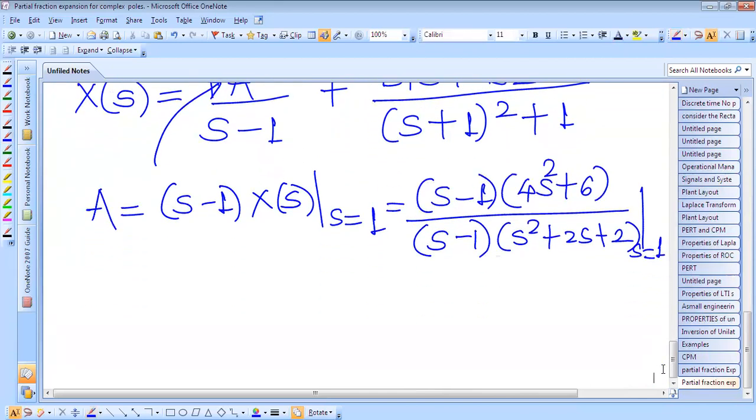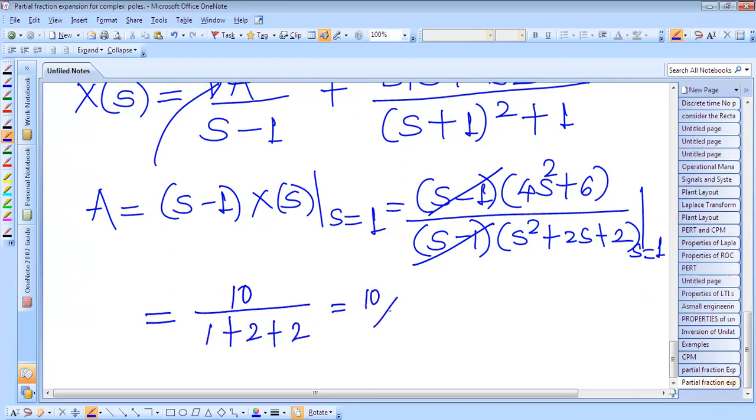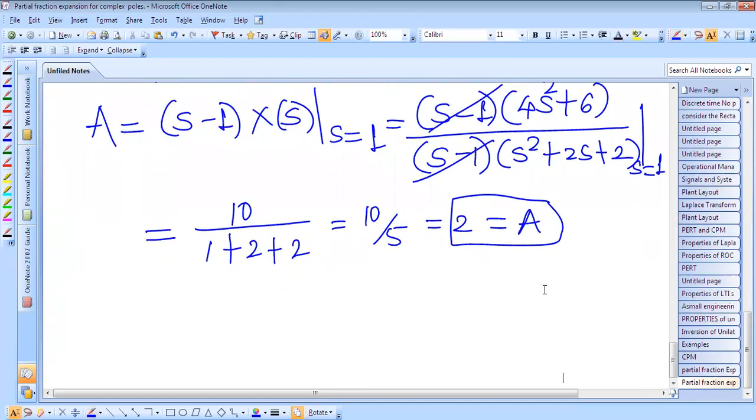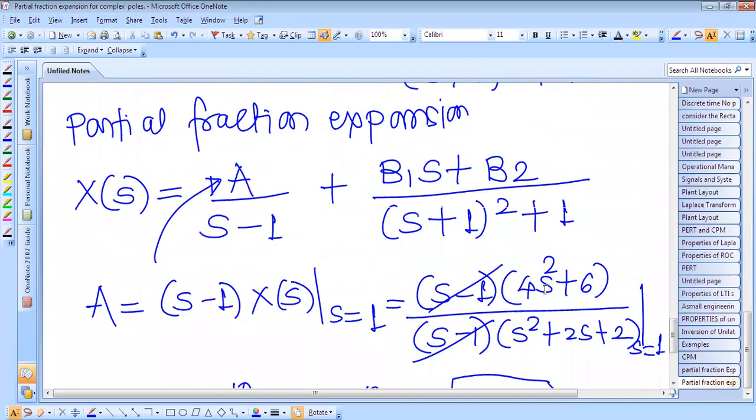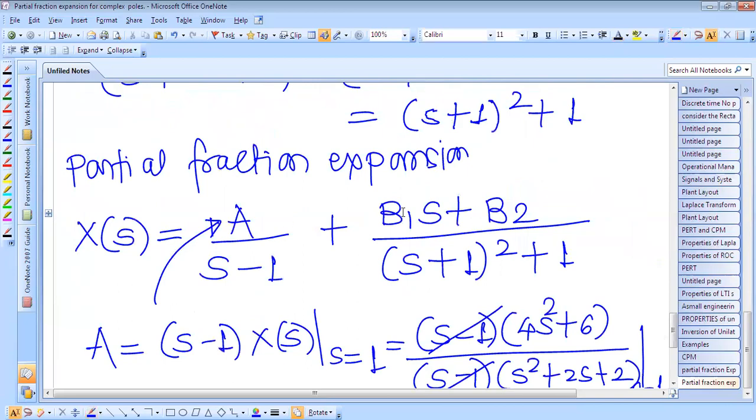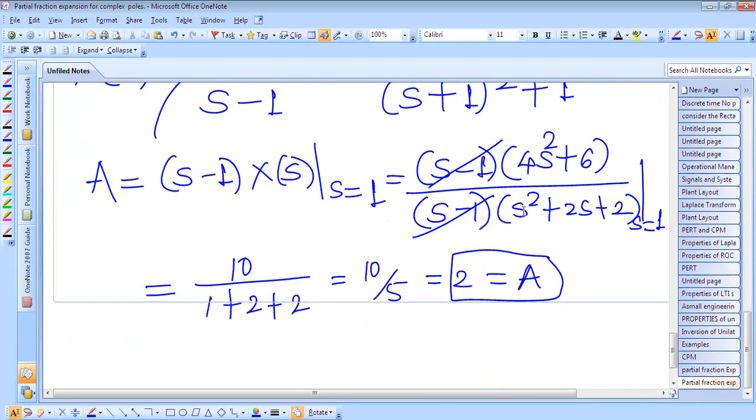Here these two terms will be cancelled. Now we put s equal to 1, so the numerator is 10, and the denominator is 1 + 2 + 2, so it is 10 by 5, which is 2. So the value of A is 2 here. A we have got. Now we have to find the coefficients B1 and B2.